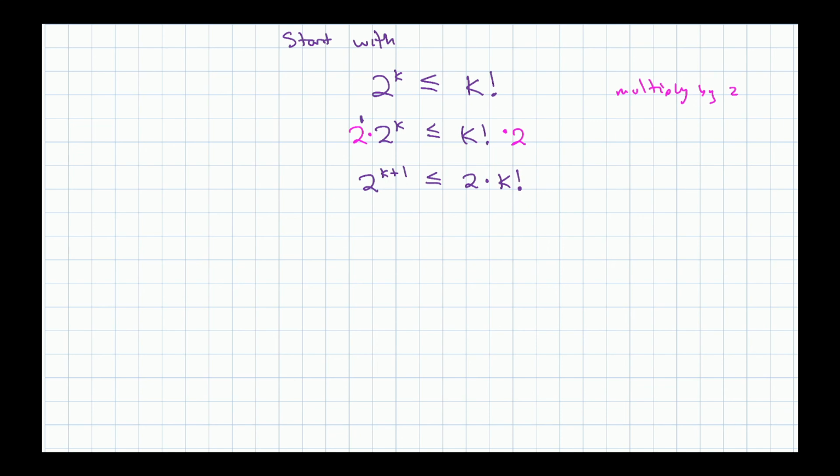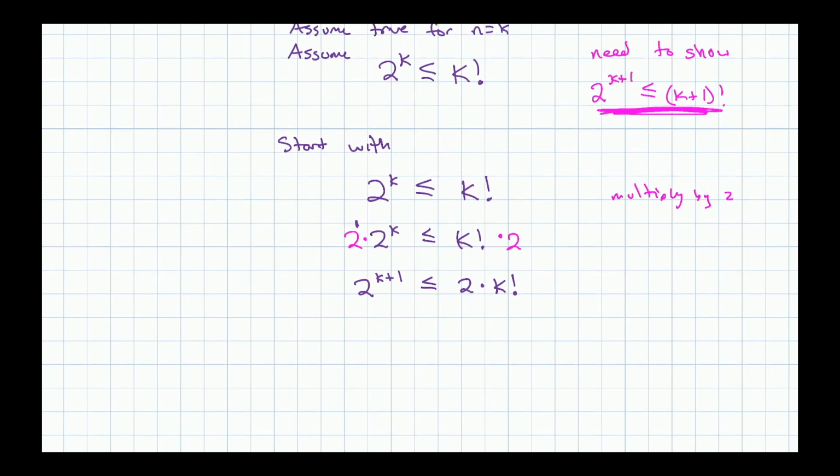And you say, okay, we're getting somewhere because the left-hand side looks like what we need it to look like, but this is supposed to be k plus 1 factorial, and we do not have a k plus 1 factorial. But this is where you have to be a little bit sneaky.